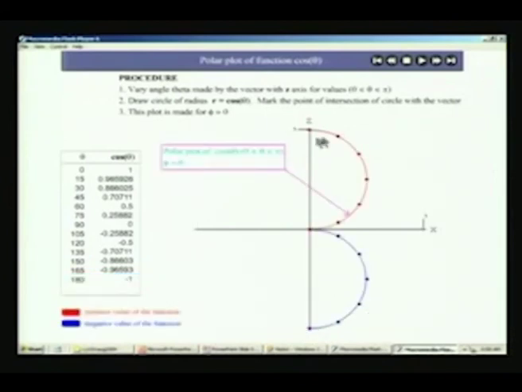So you see the cos theta looks like 2 half circles now instead of 1 whole circle as it was in the case of sin theta.